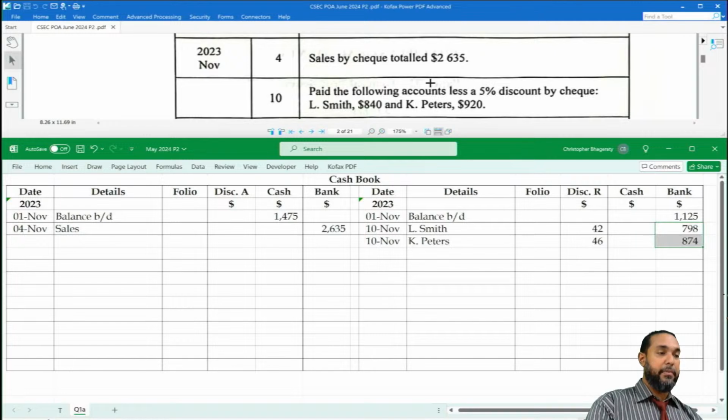So they said here, we pay the following less a 5% discount. So you're just going to find 5% of each of these figures. So 5% of 840. You can put 0.05 by 840.